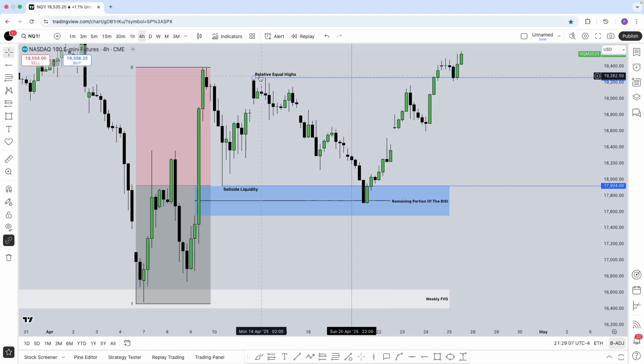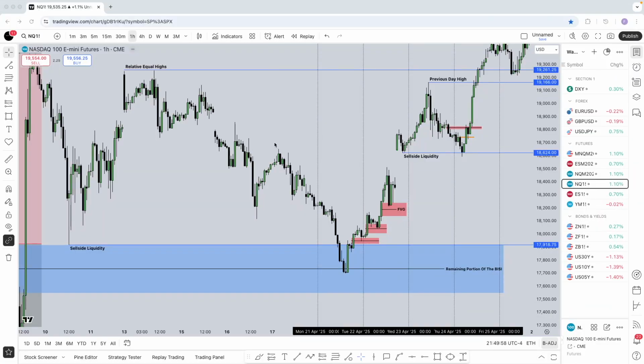But where are we focused on seeing price go to? Relative equal highs. So does it matter to me that price has to fill this immediately? No. Now go into the hourly chart. On Monday, we saw price take out the SSR liquidity there as expected and trade into that remaining portion of the BC, then rejected from it, going higher to fill out the volume imbalance that we have here, and also had a price run to fill out this volume imbalance right there.